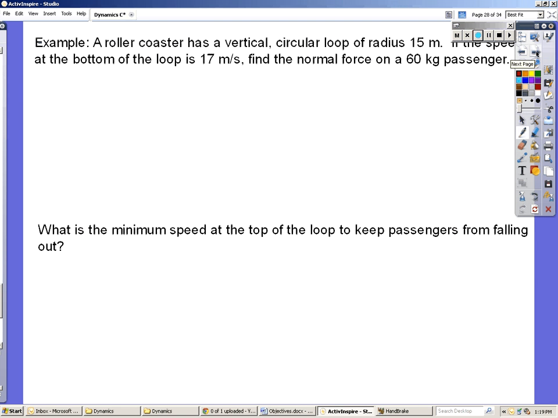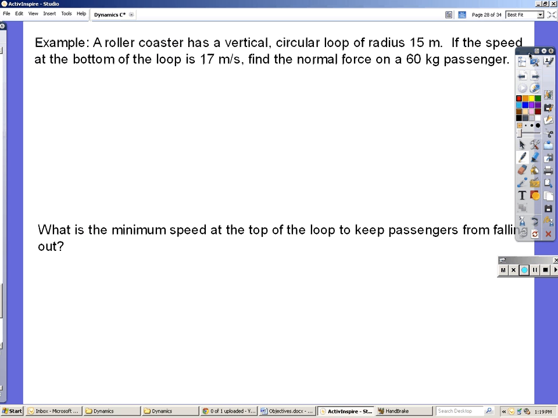So here's an example. You've got a roller coaster. It has a vertical circular loop of 15-meter radius. The speed at the bottom of the loop is 17 meters per second. We want to find the normal force on a 60-kilogram passenger. So here's the bottom part of the loop. Here's one of the cars, and there's a person sitting in the car.